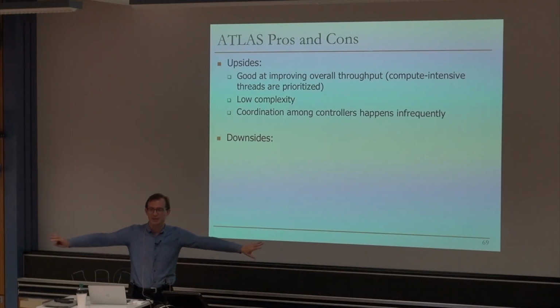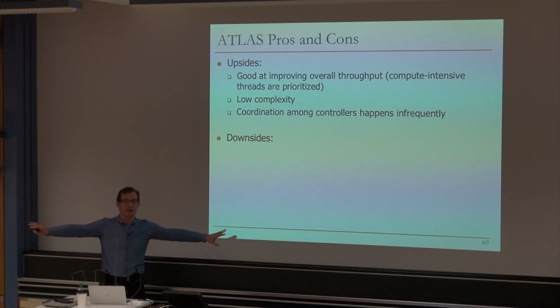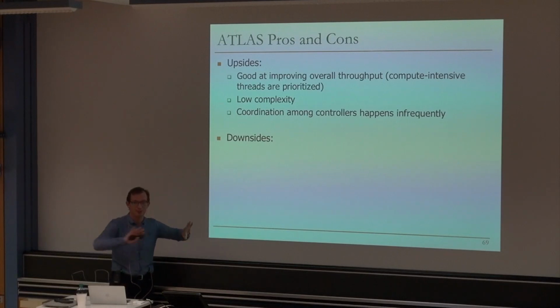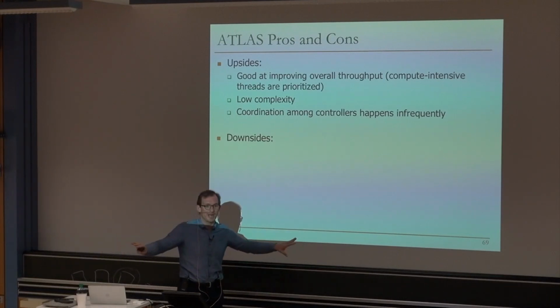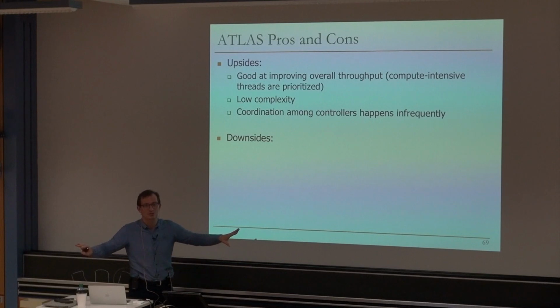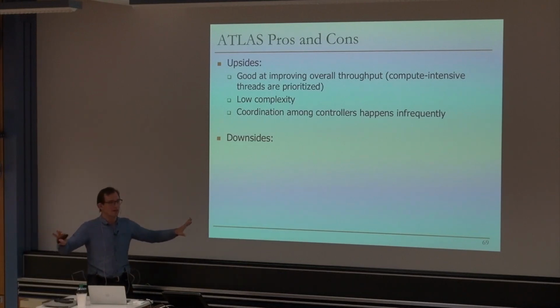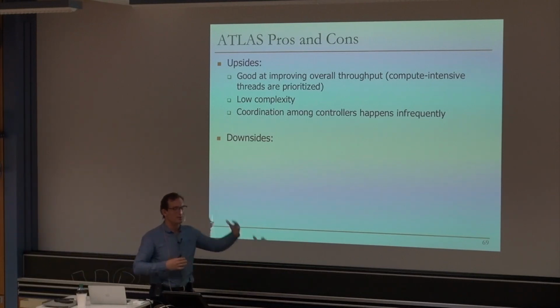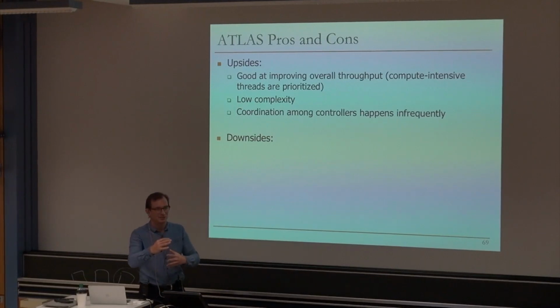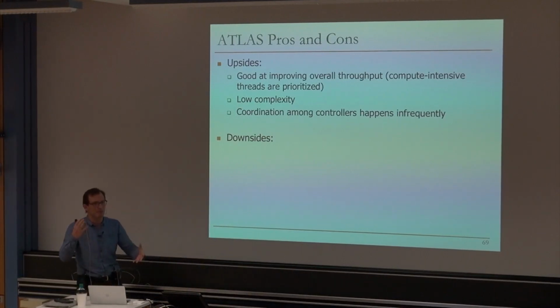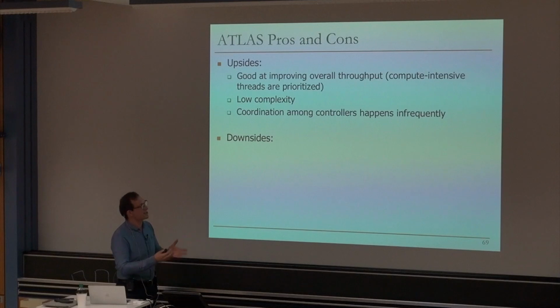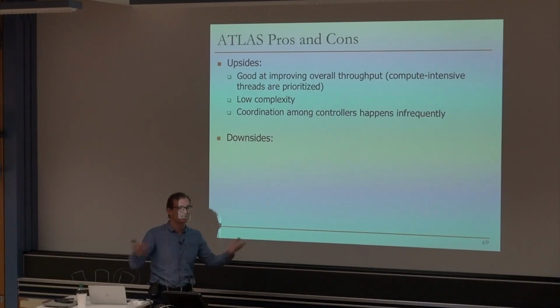Now, if you have multiple memory controllers, ideally you would like to have the same ranking across all of the controllers, because the same problem of memory level parallelism happens across memory controllers also between threads. But these controllers form the batches at different times, because their loads are not really the same, right? So the key question is, how do you ensure the same ranking across these different controllers?